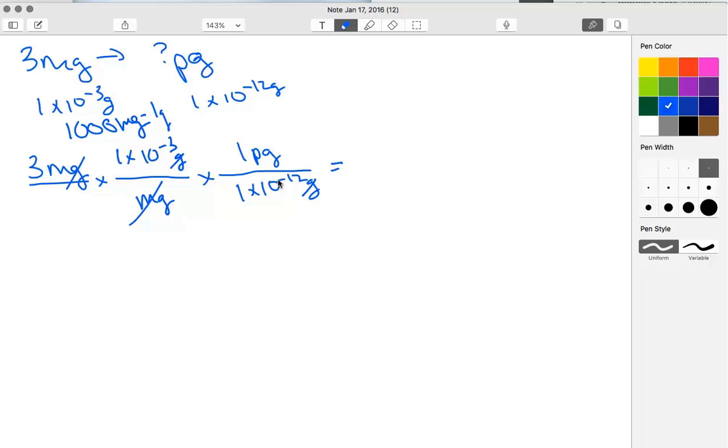You could say, and I'll write this from scratch over here, that you always write with what you have first. You have 3 milligrams, and what I like to do is go back to the base unit and from the base unit back out again. So I have 3 milligrams, and then I'll say, 1 milligram is how many grams?